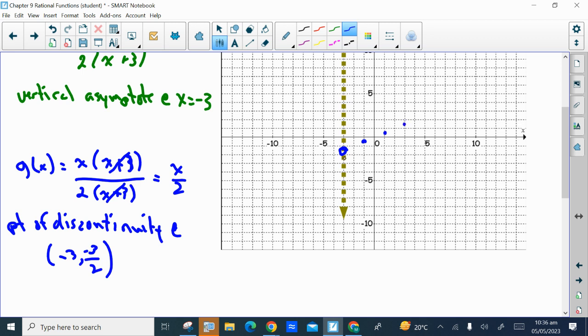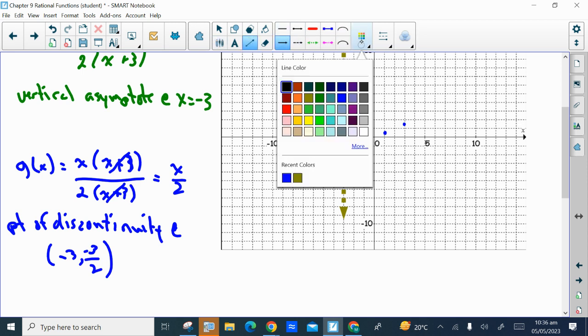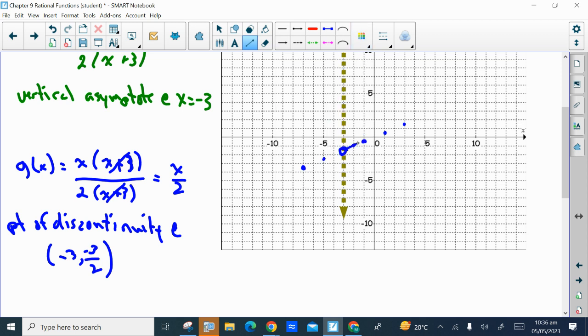We can also rise -1 and run -2. Rise -1 and run -2. Right, so there's the graph of G.